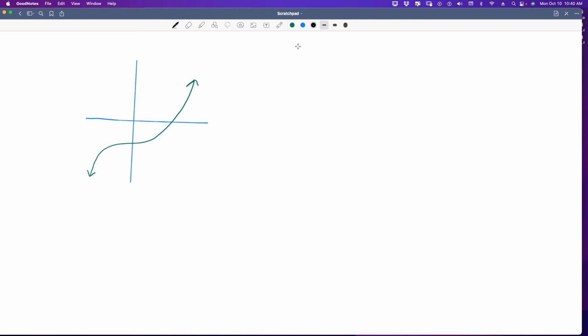So there's two tests. There's the vertical, which we know about. We did that last year. The vertical line test tells us whether or not it's a function. That means as long as I can draw this line like this, and it only goes through the graphed line in one point, then that is a function.